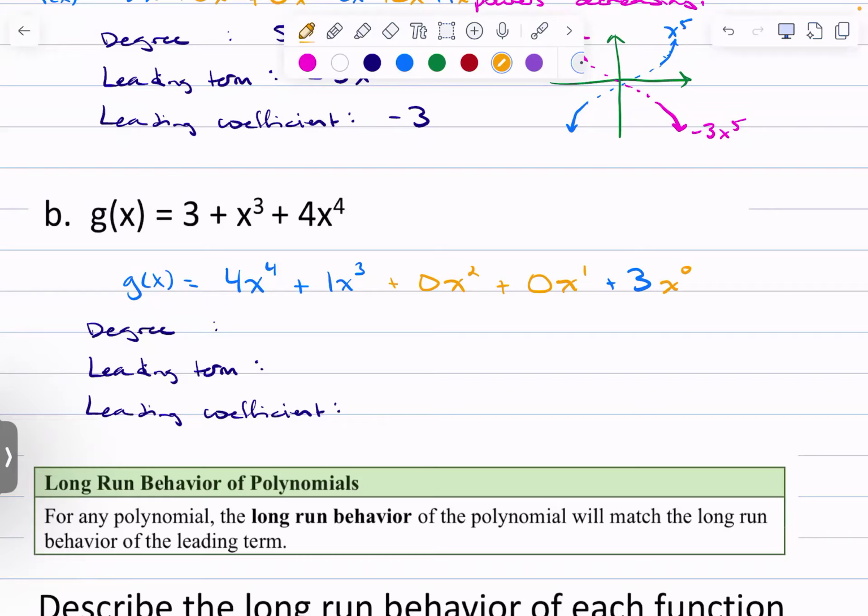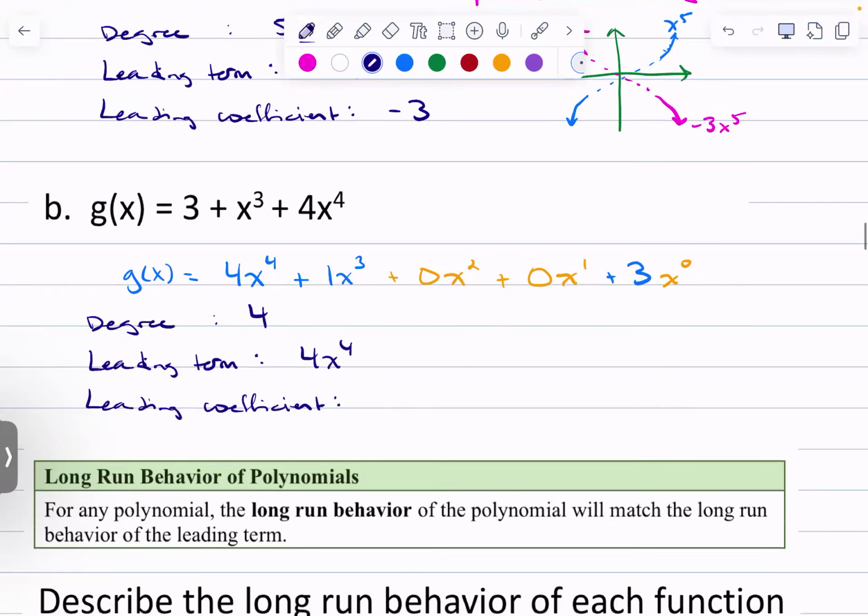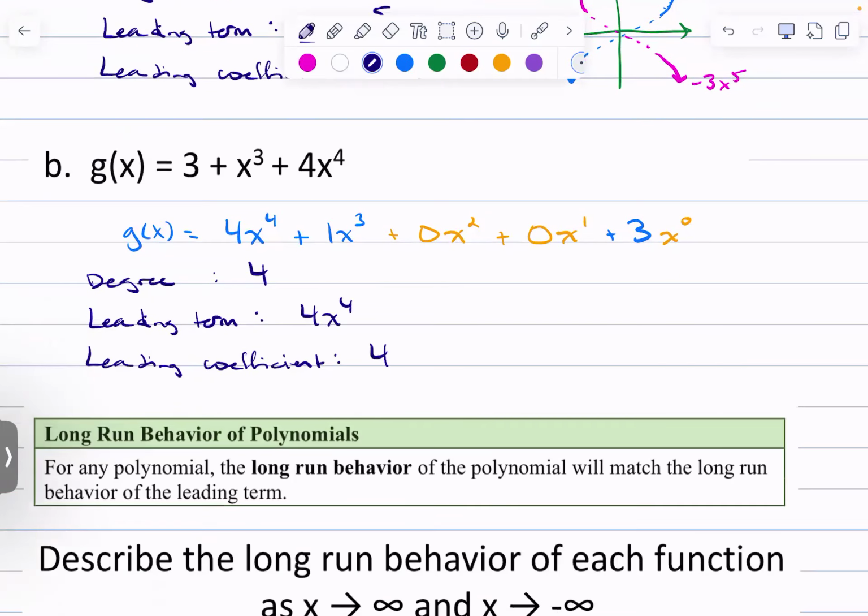From here now, of course, it's easy to see that the degree is 4. It's probably easy before as well. The leading term is 4x to the 4, and the leading coefficient is positive 4.